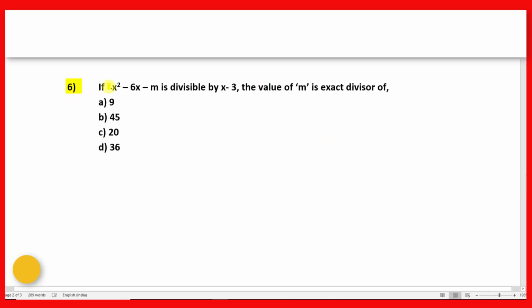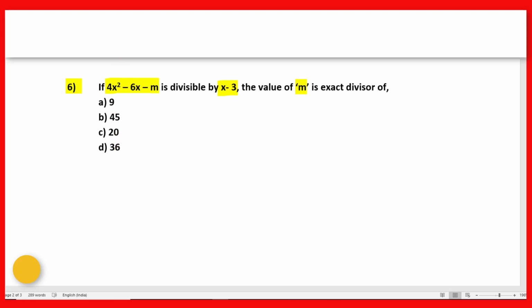Now here is the sixth question. If 4x square minus 6x minus m is divisible by x minus 3, then the value of m is exact divisor of what? 9, 45, 20 or 36.